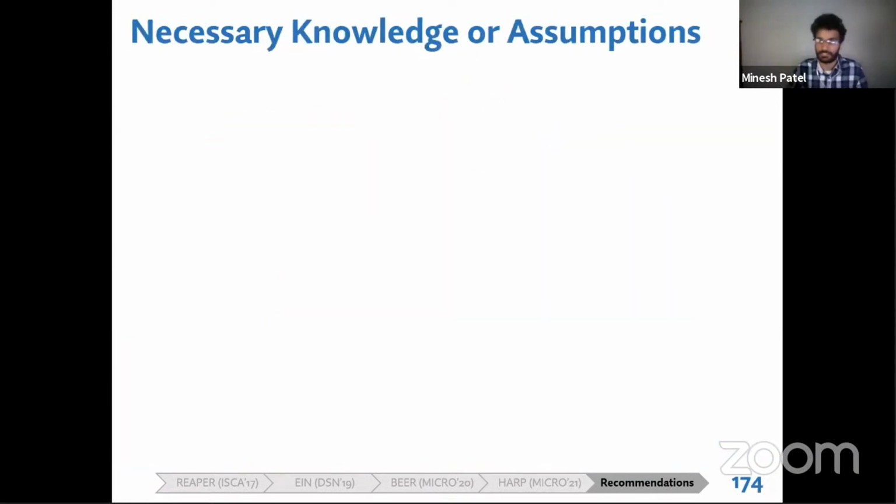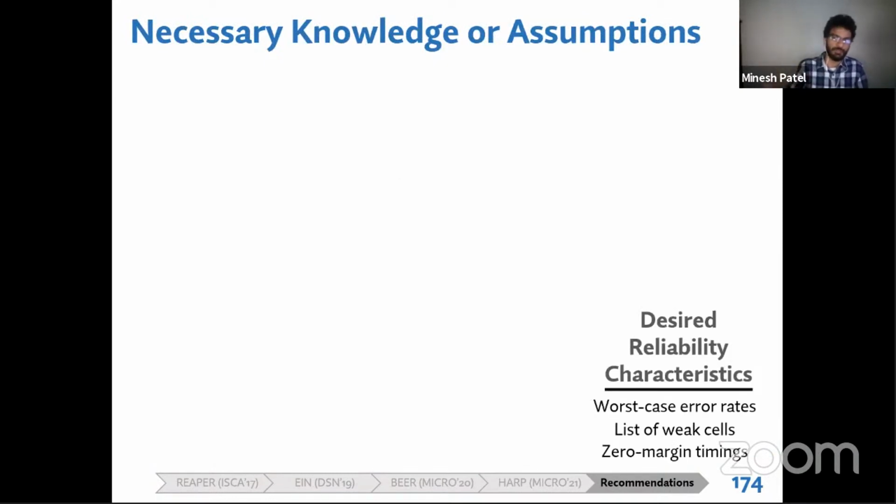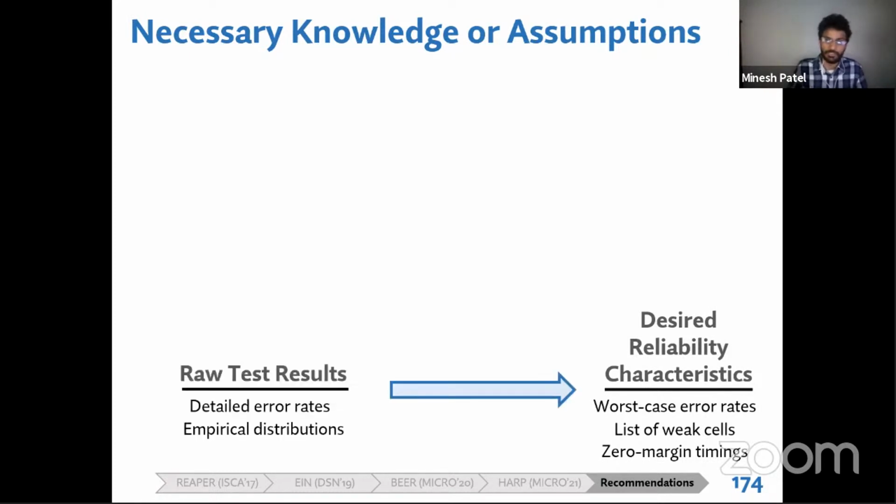Unfortunately, both of these require making assumptions about error characteristics and/or testing. So let's look at why these sorts of assumptions are necessary. So we start with a set of desired reliability characteristics, such as worst case error rates, lists of weak cells, or 0 margin timings. And this is all information that we want to know in order to implement the mitigations that we described previously. Now, these are not provided to us by manufacturers. So in order to determine these, we use raw data from test results, such as detailed error rates or empirical error distributions.